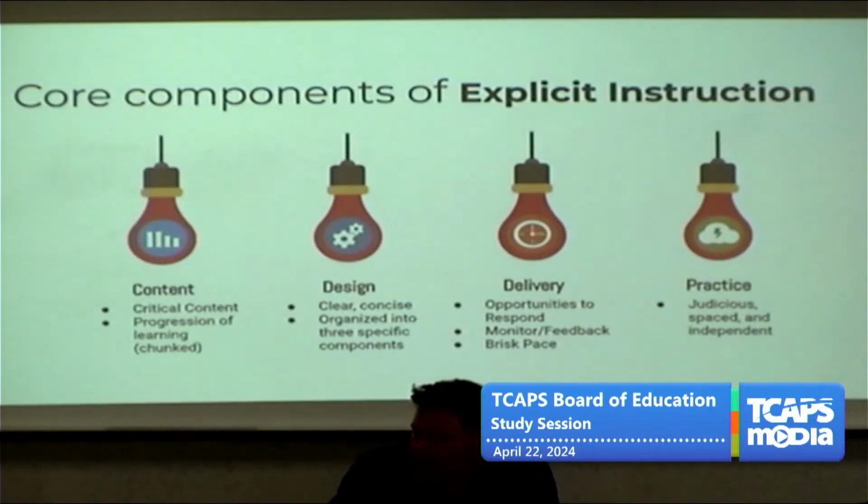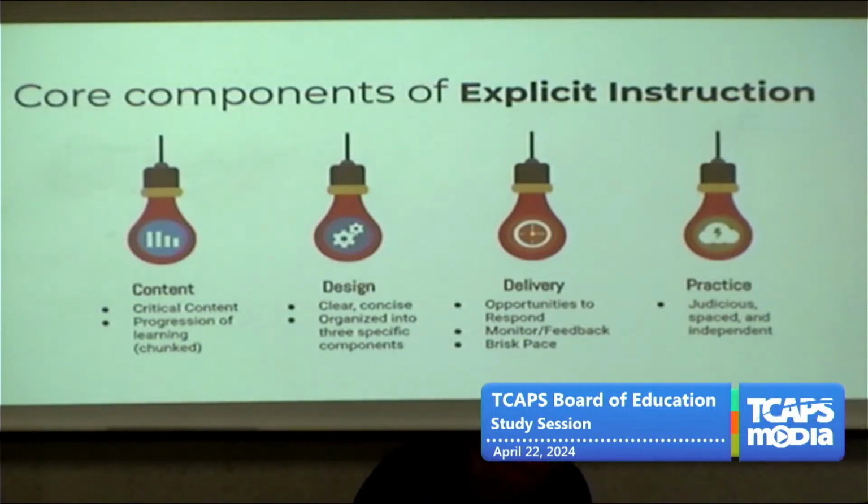And what we work through with teachers is making sure that the lessons that we're planning are clear and concise, because we want to limit the amount of extraneous things that we're kind of introducing, again, so that we're focusing on that most critical content, and that we have 3 really specific components to each lesson.